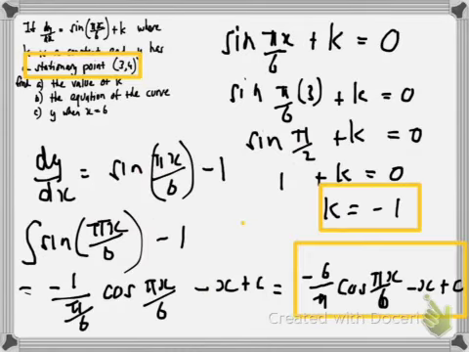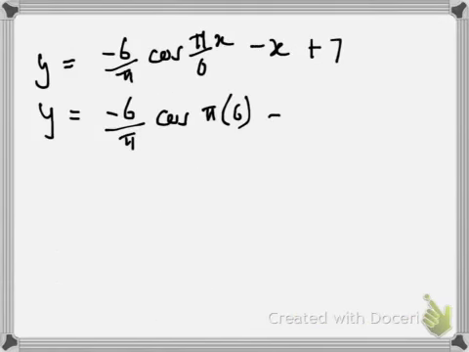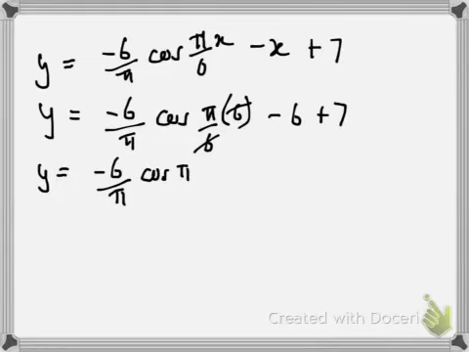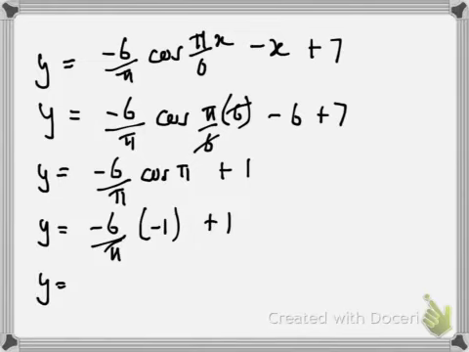Sorry, just going back a step, x equals 6, minus 6 plus 7, y equals negative 6 over π, and the two 6's there cancel, so we get cosine π, minus 6 plus 7 is plus 1. Cosine π, okay, so you look up cosine π, and that is going to be negative 1. So y equals negative 6 on π multiplied by negative 1 plus 1. So y is going to be 6 on π plus 1.